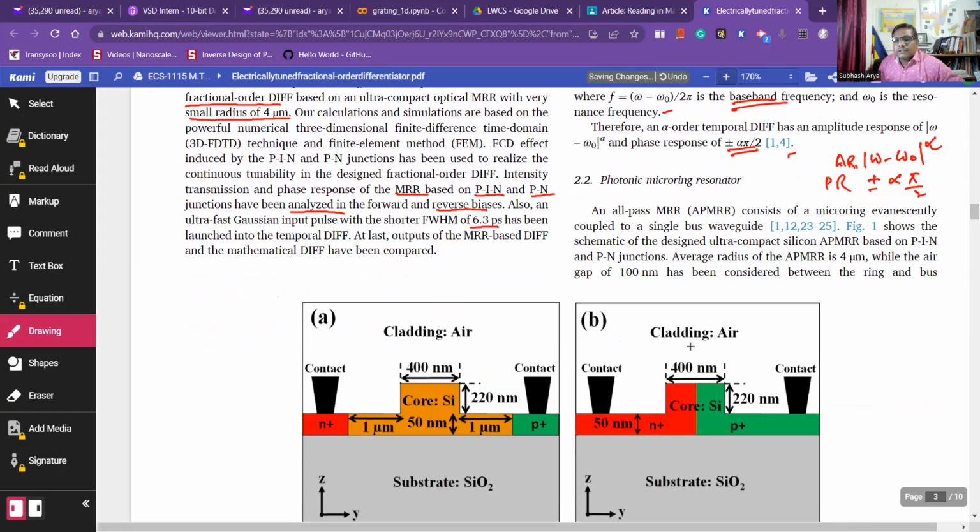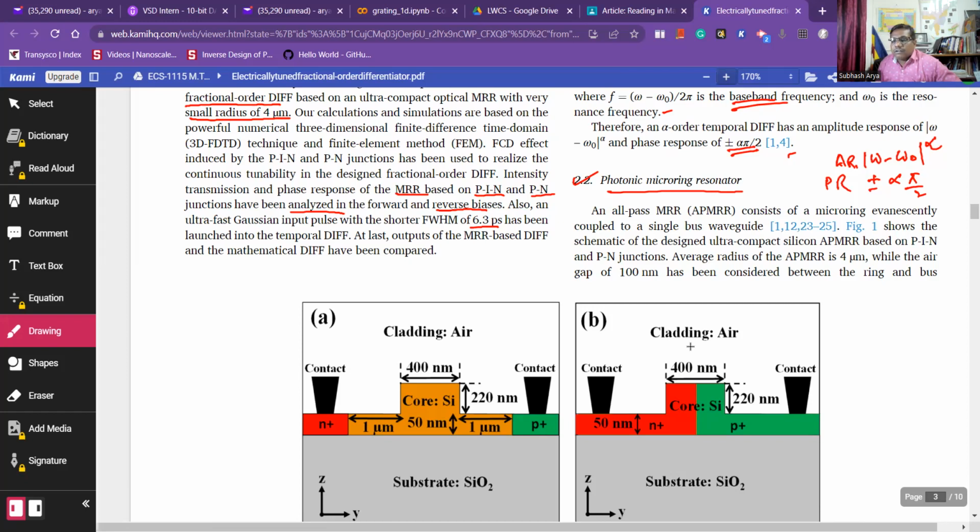Now moving further, 2.2 photonic microring resonator. An all-pass MRR consists of a microring evanescently coupled to a single bus waveguide. Figure 1 shows the schematic of a designed ultra-compact silicon all-pass microring resonator based on PIN and PN junctions.